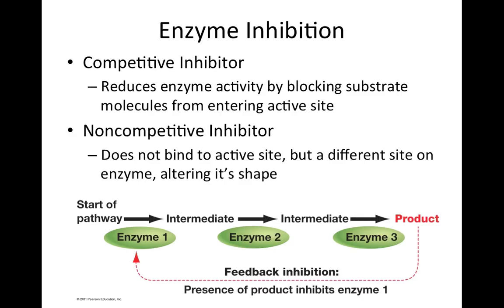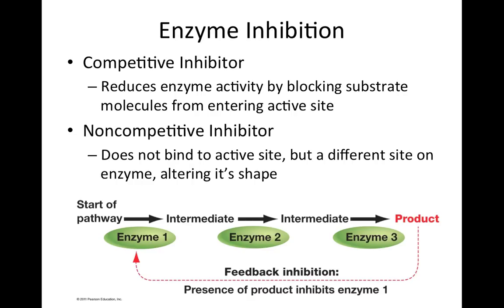And then the different types of inhibitors which affect enzyme activity. A competitive inhibitor reduces the enzyme activity by blocking substrate molecules from entering the active site. A lot of drugs produced in the pharmaceutical industry do that.